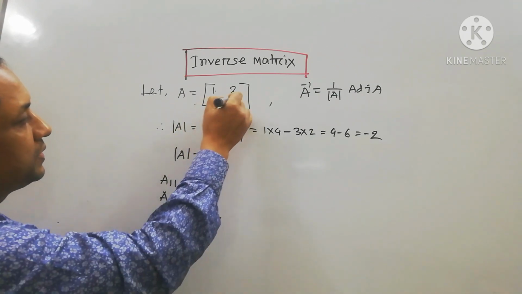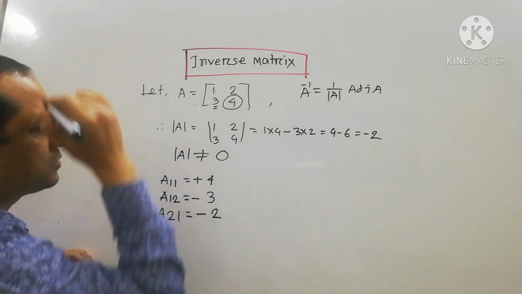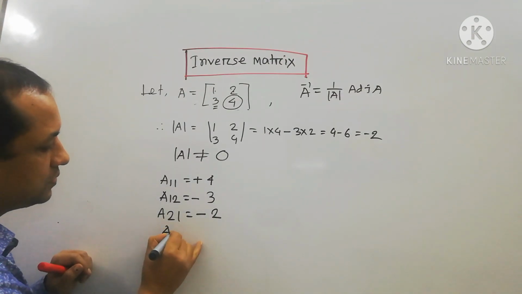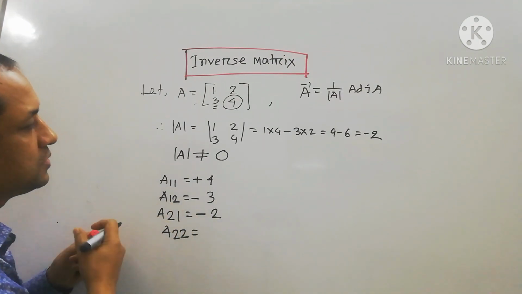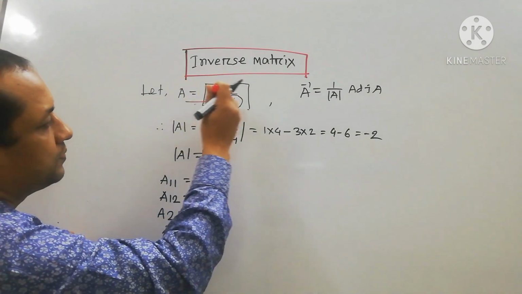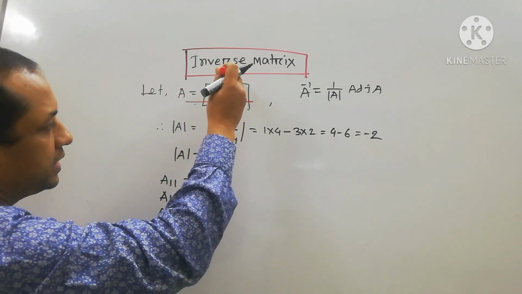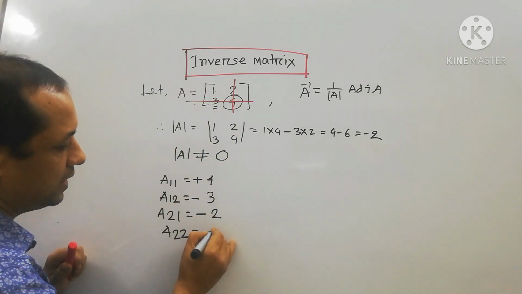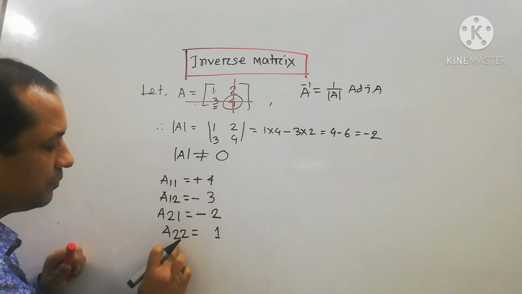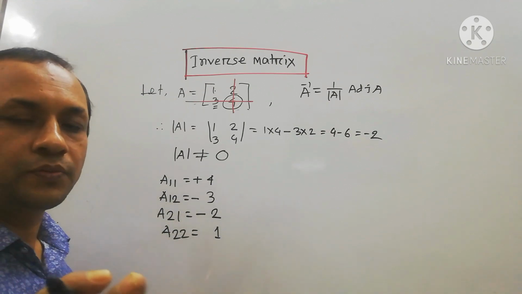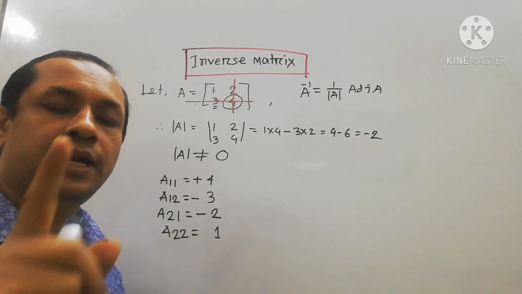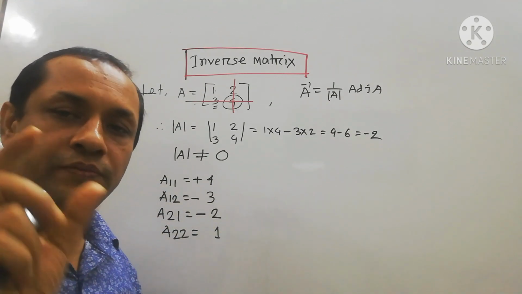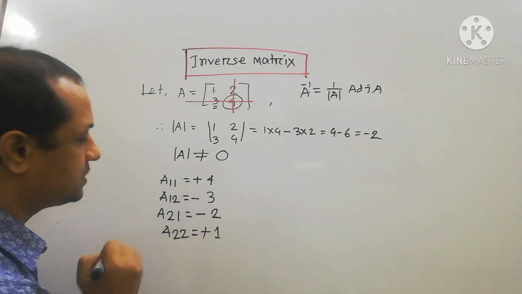And similarly, find the cofactor of 4. It is denoted by A22. For the cofactor of 4, second row and second column are cancelled. So the minor is 1. And here the sum of number of row and number of column is an even number, so this is positive.